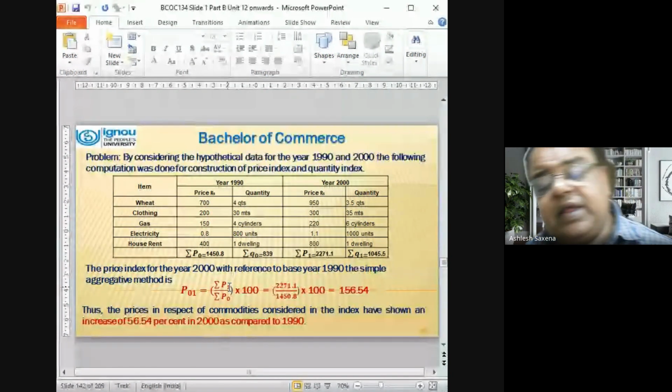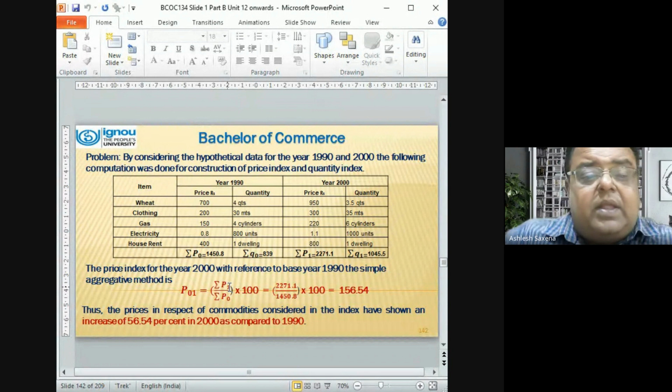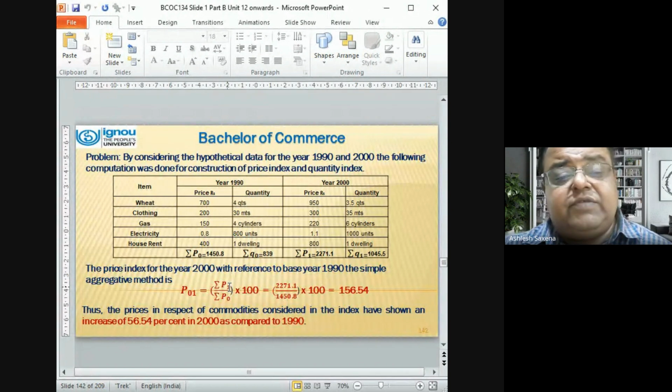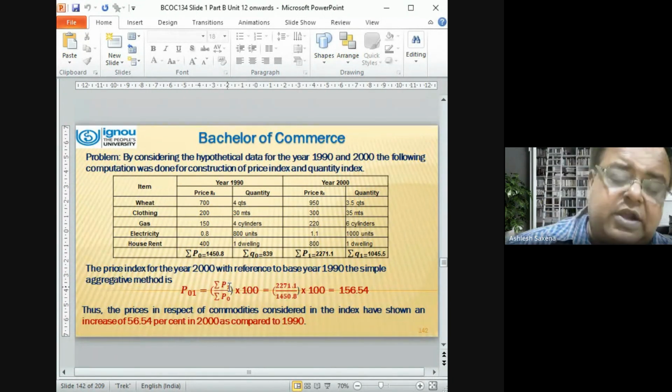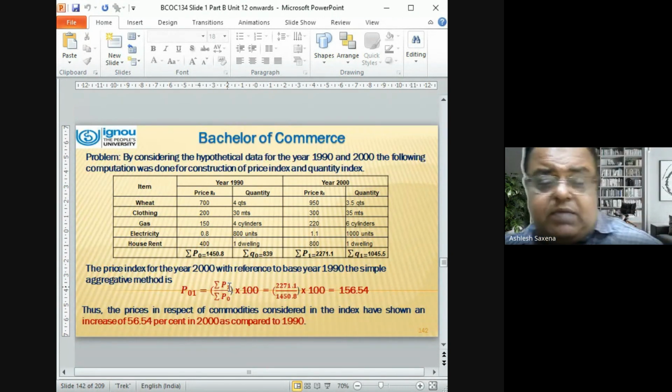After dividing, we get 156.5. Thus, we can say the prices in respect of commodities considered in the index have shown an increase of 56.54% in the year 2000, corresponding to the year 1990. So this is how the evaluation is done.